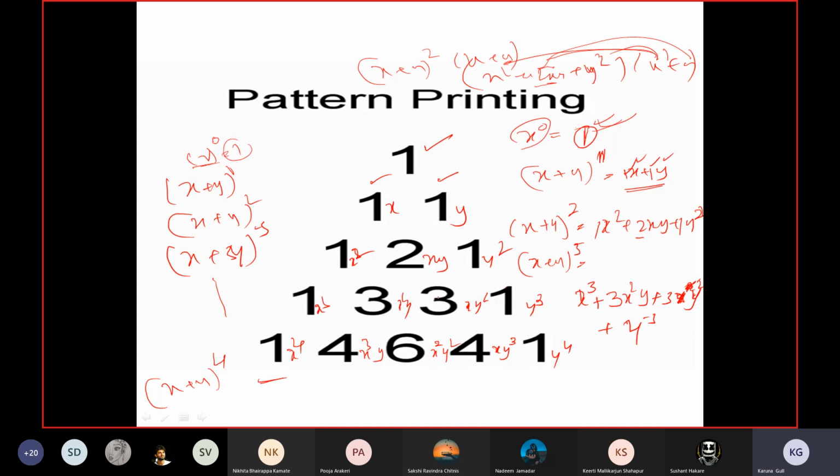Is it okay? You can check it out. You'll get the same answer that I'm writing here: 1x raised to 4 plus 4x cube y plus 6x square y square plus 4xy cube plus 1y raised to 4. Is it okay?